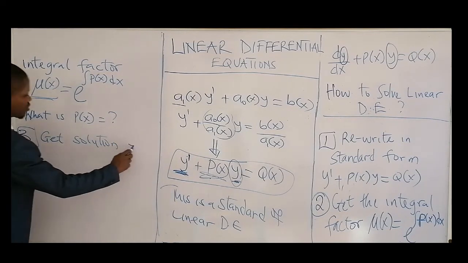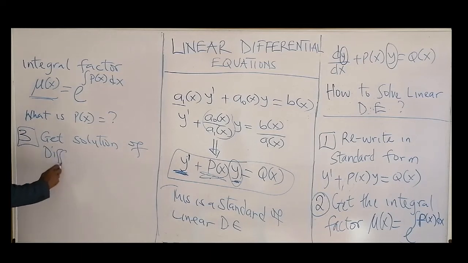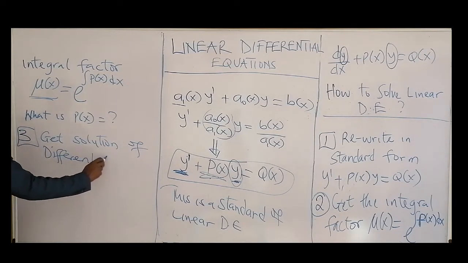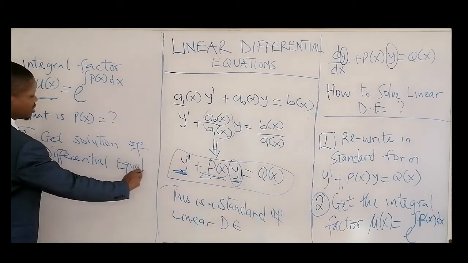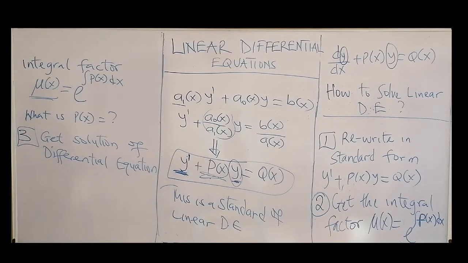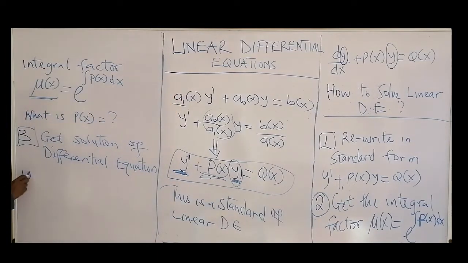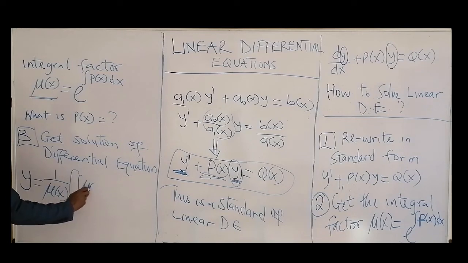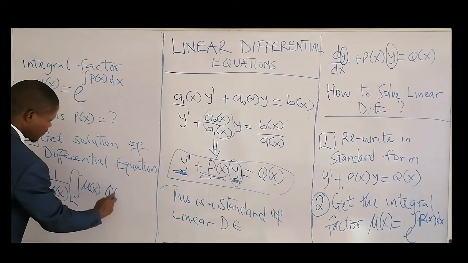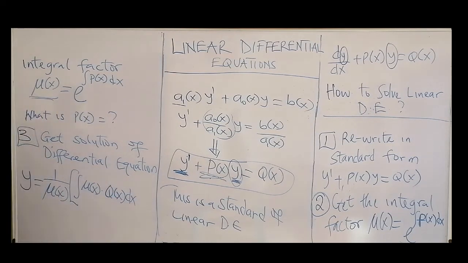The solution has a formula, and since it is linear in y, your equation will be y equal to 1 over the integral factor, then open your brackets, integral of the integral factor times q of x dx, then plus c. Then you close the brackets.